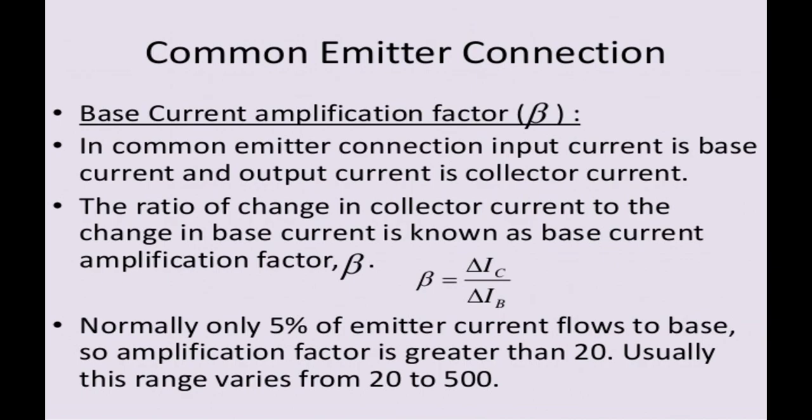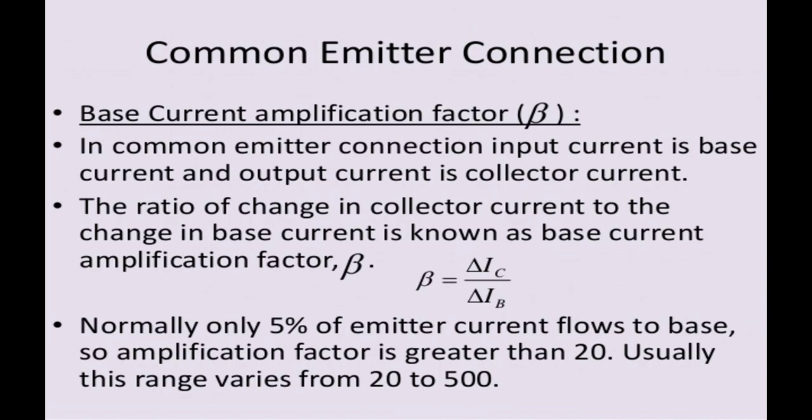Remember, the rate of change of collector current with respect to the base current is known as the base current amplification factor. This equation is very important. Remember this equation: beta is equal to delta IC divided by delta IB.